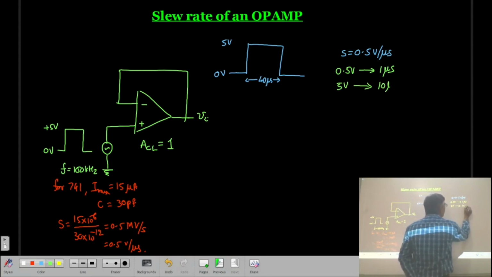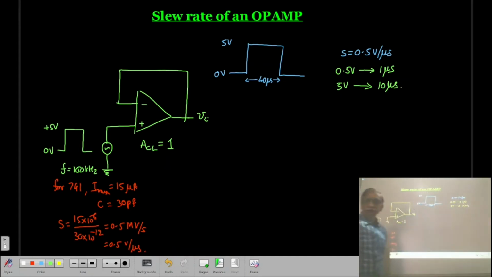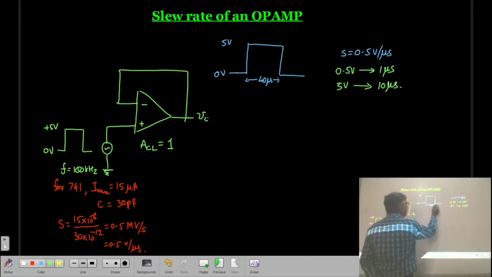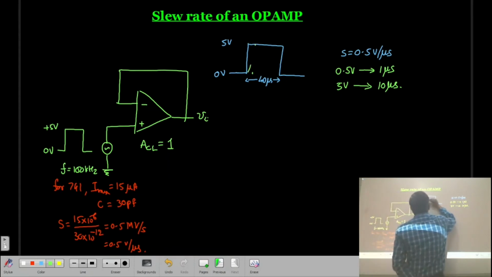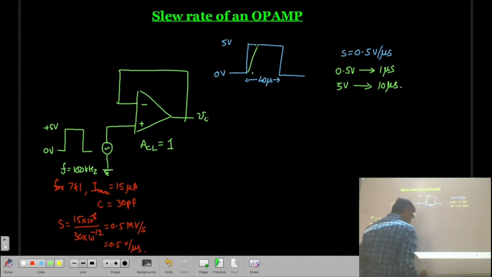Naturally, it will require 10 microsecond. So, within 10 microsecond, it will go to the 5 volt. So, if this is a 40 microsecond pulse width, then this will be 10 microsecond, and here your output is going to be reached in this way.